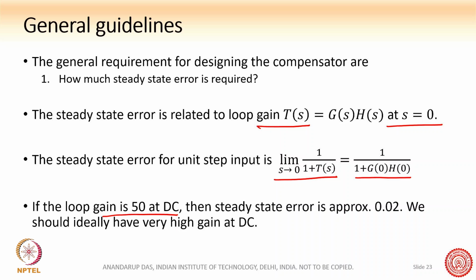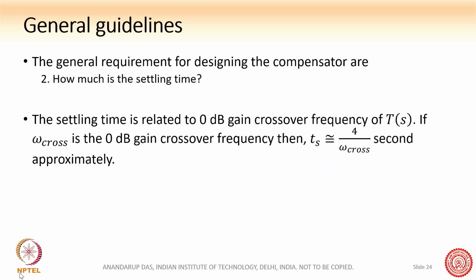In fact, if I put a PI compensator having a pole at the origin, then the loop gain is very, very high, ideally infinite at DC. Now, how much is the settling time? The second question: how will we relate the settling time with the loop gain?